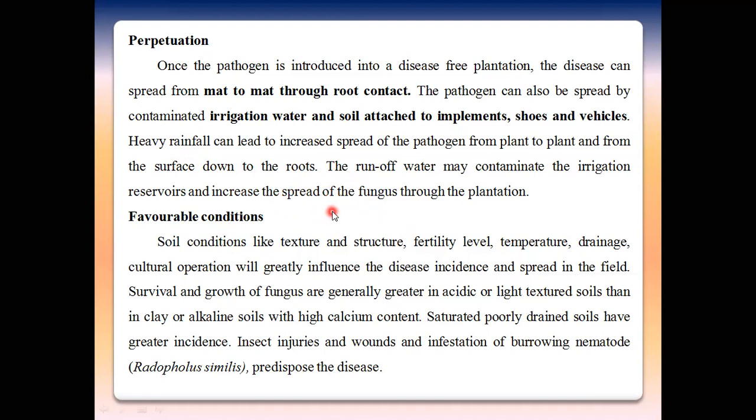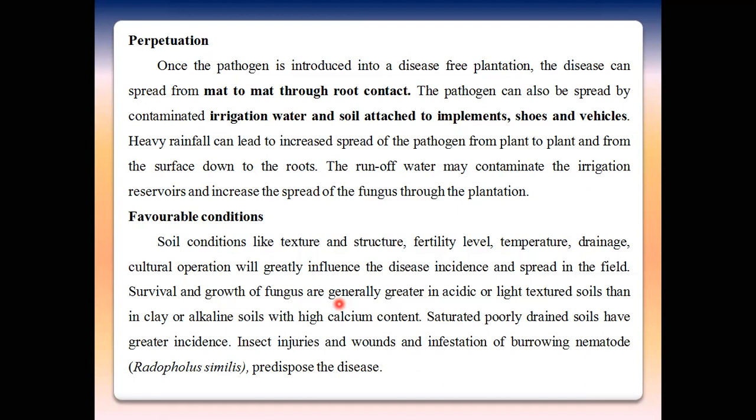Then favorable conditions. This Panama wilt disease is much more severe in acidic soil. Means when banana plants are grown in acidic soil having a pH less than 7, 100% disease is produced.